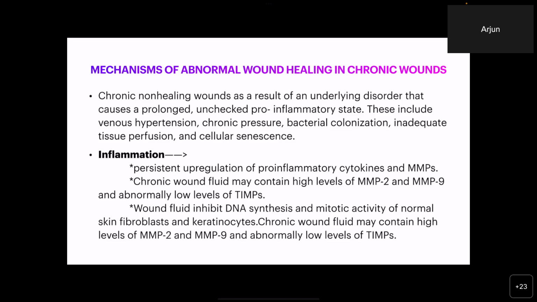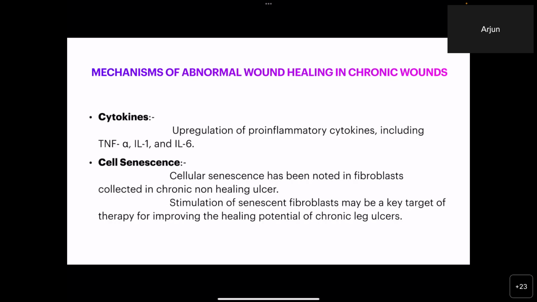In cytokines, there is upregulation of pro-inflammatory cytokines, including tumor necrosis factor, interleukin 1 and interleukin 6. In cell senescence, this is commonly noted in fibroblasts that are collected from non-healing ulcers.